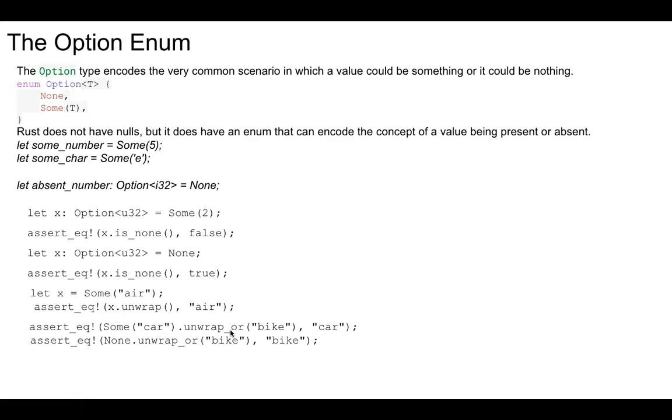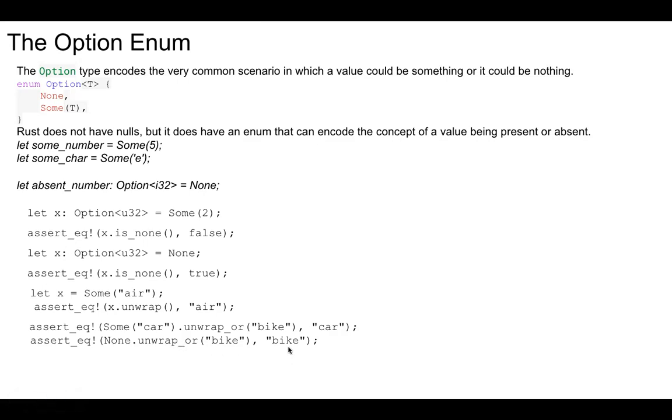There are multiple variations of unwrap. One of them is unwrap_or. So Some(car).unwrap_or(bike), which means if car is not there, it should be bike. If car is there, it should be car. So see here, the second line, None.unwrap_or(bike).